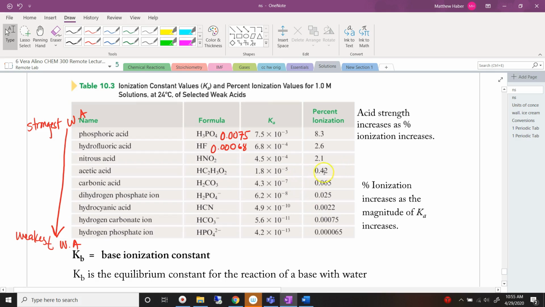So notice acetic acid. Acetic acid has an ionization value of 0.42%. That means that if you drop 10,000 acetic acid molecules in water, only 42 of those break apart into ions. 42 out of the 10,000. Imagine spending $42 out of your $10,000. You're still rich. It doesn't really have that impact, right? So it feels like your acid did not completely ionize. It did not dissociate into H ions.